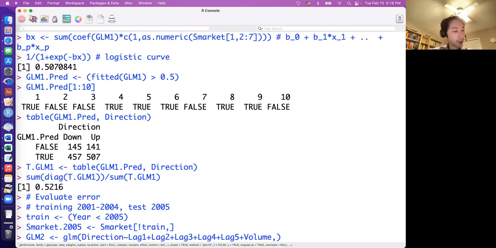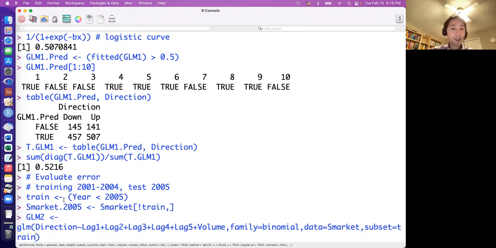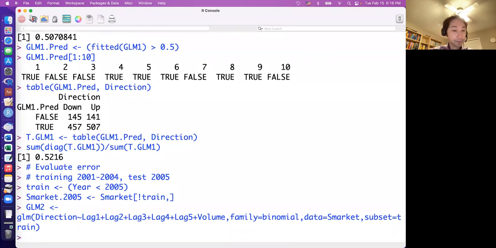We have already attached data, so probably we don't have to specify it, but we have multiple data sets, so maybe just in case we specify Smarket. Here we want to only use the data for 2001 to 2004, so we specify subset equal to train. Train is the logical vector. So GLM2, we have defined this, and the summary of GLM2.